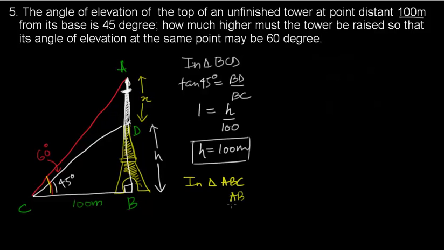AB divided by BC is tan theta, and here theta is 60 degrees. Tan 60 degrees is root 3, and AB is h plus x, divided by BC, which is 100. So cross multiply: h plus x equals 100 root 3.